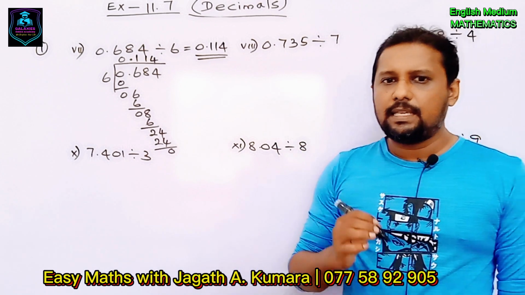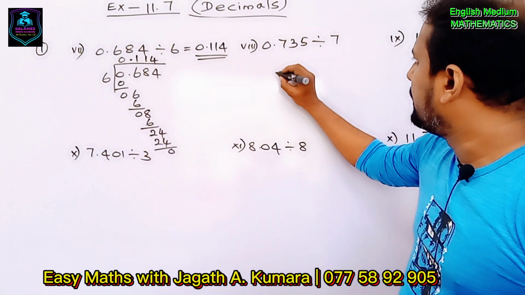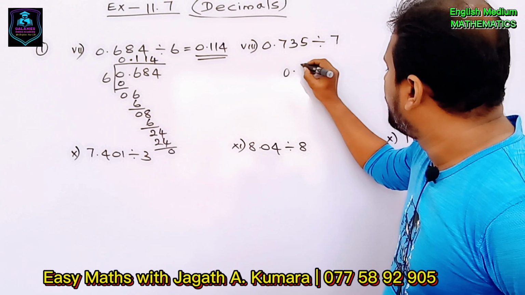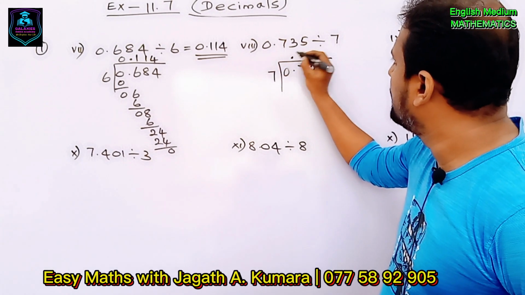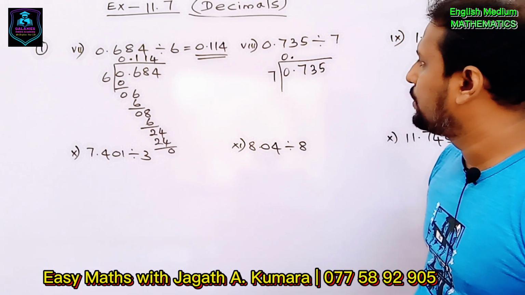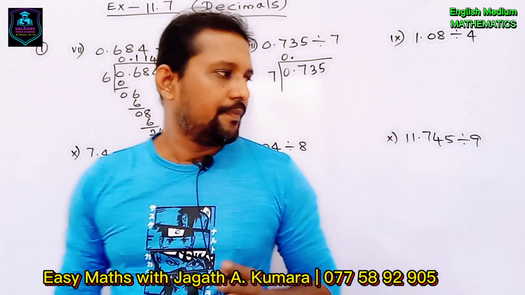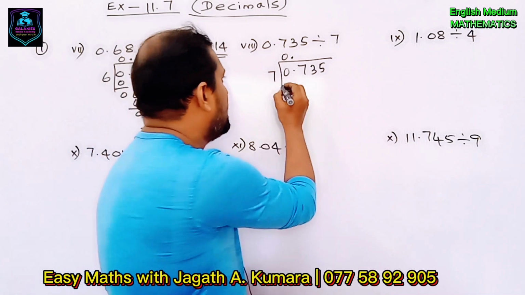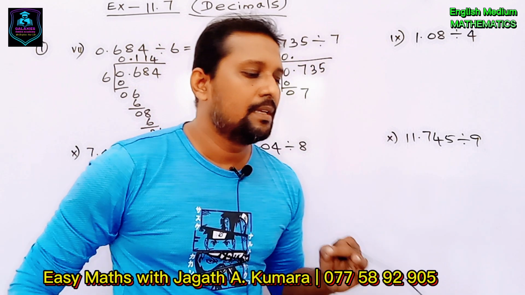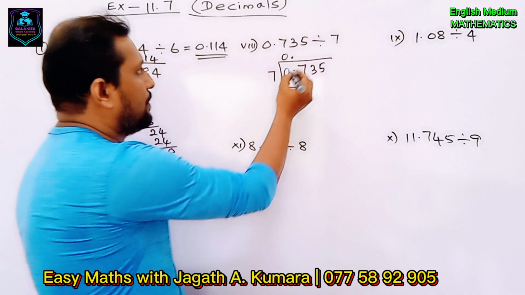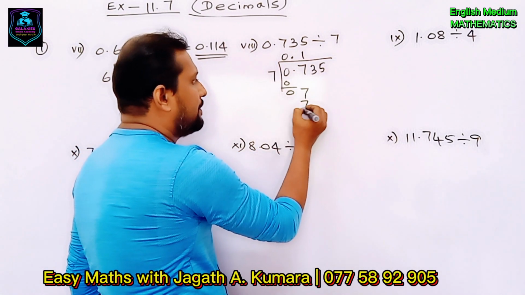Number 8. 0.735. You have to divide by 7. Keep the decimal point. 0 divide 7, 0. 0 times 7, 0. Remaining 0. Then this 7 you can take here. 7 divide 7, 1. 1 times 7, 7, remaining 0.